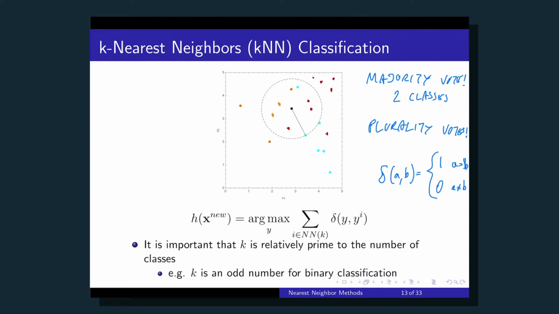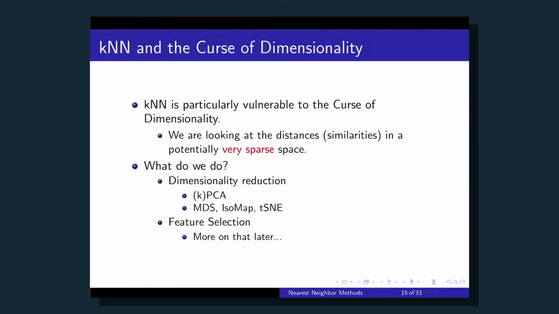But now remember our discussion about what happens to distances and similarities when you get to higher and higher dimensions. In a 20-dimensional, 30-dimensional, God forbid, 1,000-dimensional space, these distances stop making sense. That's the reason why KNN is particularly vulnerable to the curse of dimensionality, because it lives on these distances.